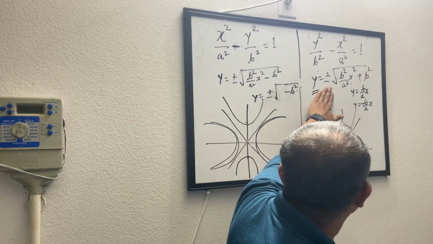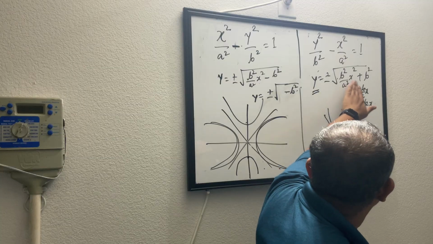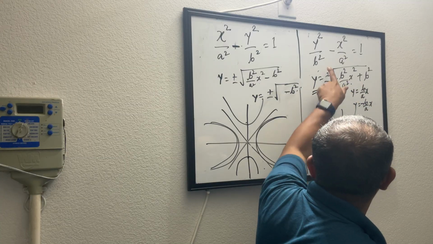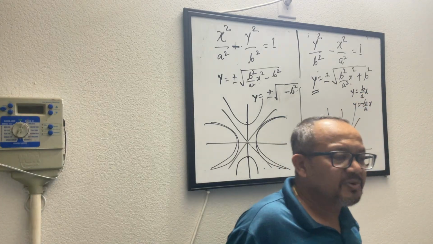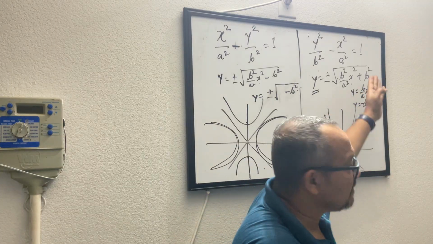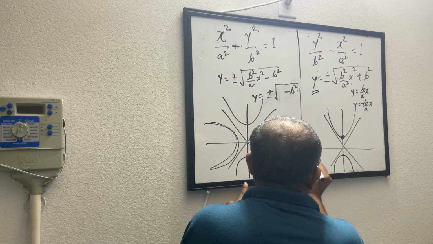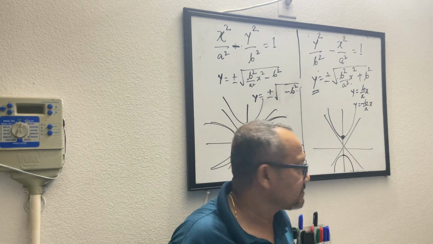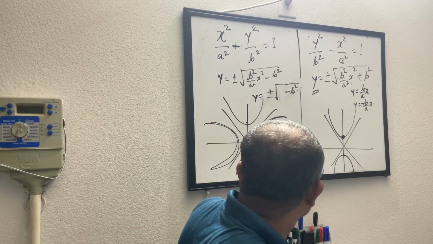This is the equation. What happens when my x value is 0? When my x value is 0, this whole thing becomes 0. So y equals plus minus the square root of b squared. Now b could be a positive number, it could be a negative number. Any which way this whole thing will be positive. So I'm talking about a square root of a positive value, regardless how big or small that is. So this is possible.